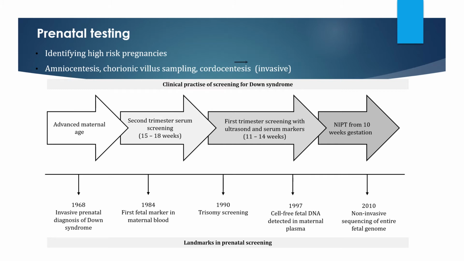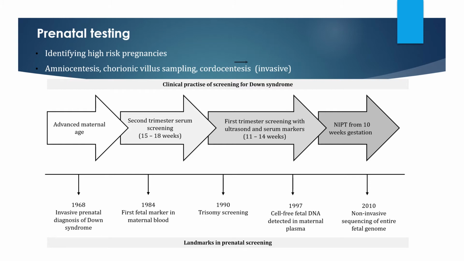Prenatal testing has come a really long way from those traditional invasive methods, such as amniocentesis, chorionic villus sampling, or cordocentesis, which are all very invasive and also very dangerous and uncomfortable for mothers, towards a really non-invasive procedure based on blood sampling.